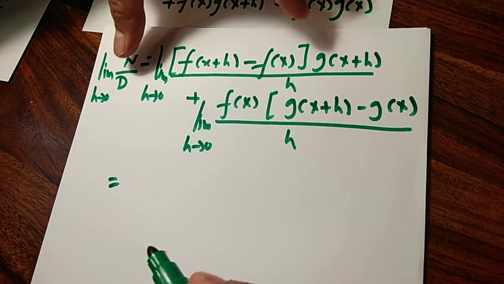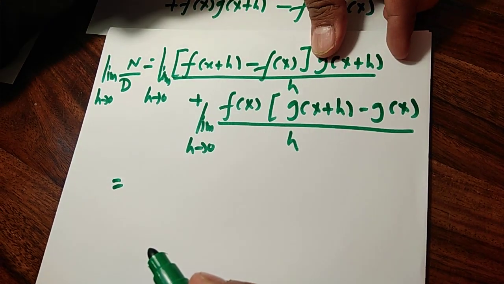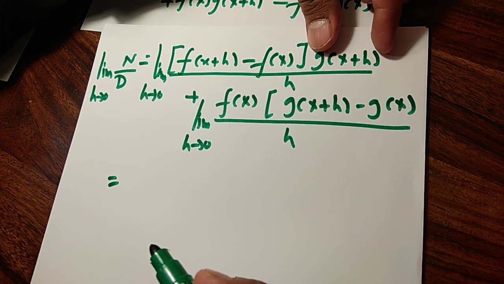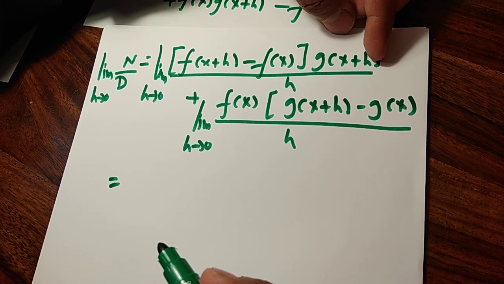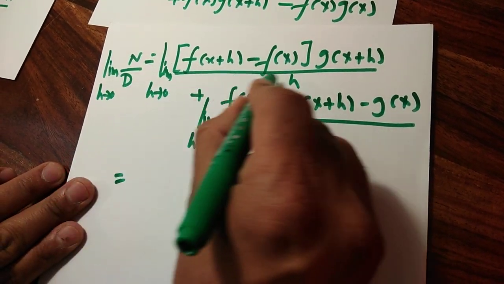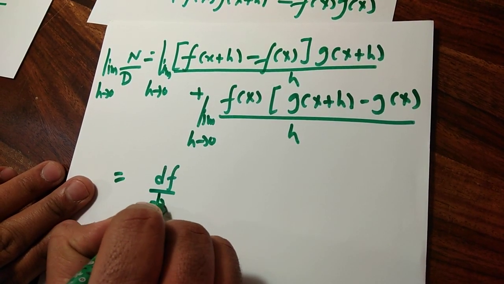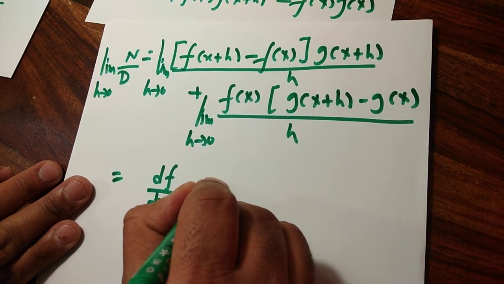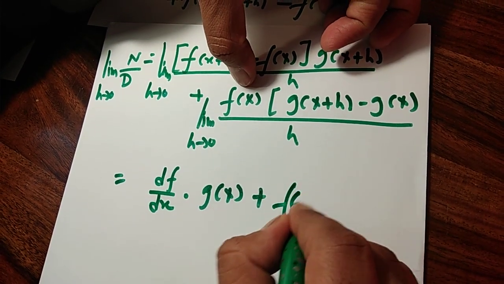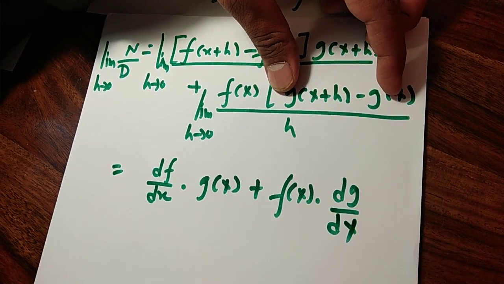So I can take the limit of this piece times the limit of that piece. When h goes to 0, g of x plus h just goes to g of x. So I can write this as df over dx times g of x, plus, with the same logic here, f of x times dg over dx.